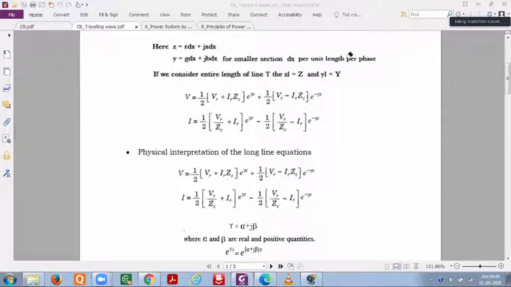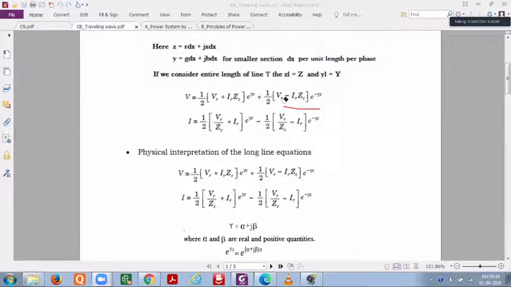The first term gives the incident wave, that is nothing but the wave decreasing when it is traveling from sending end to receiving end. The second term gives the reflected wave, the wave decreasing when it is traveling from receiving end to sending end. And don't get confused here, I'm repeating sending and receiving end many times.